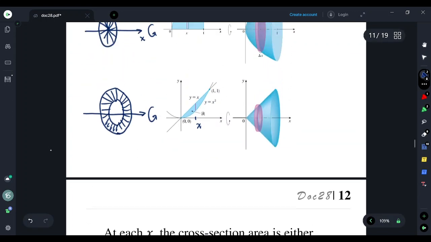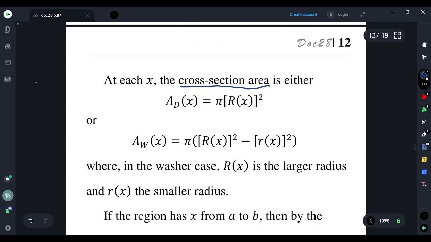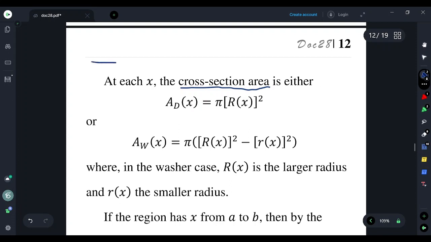So it means that if you know the cross section at x is a disk, then you need to calculate the radius r at x. Once you know the radius, you can calculate the area of the cross section by the formula pi r squared. So it is pi r(x) squared.